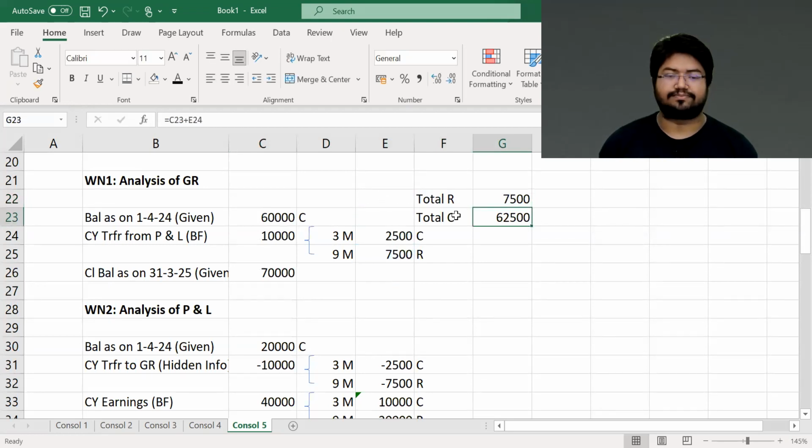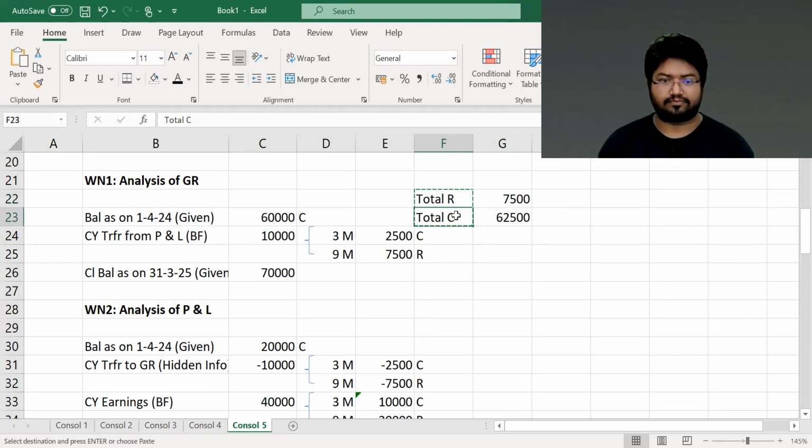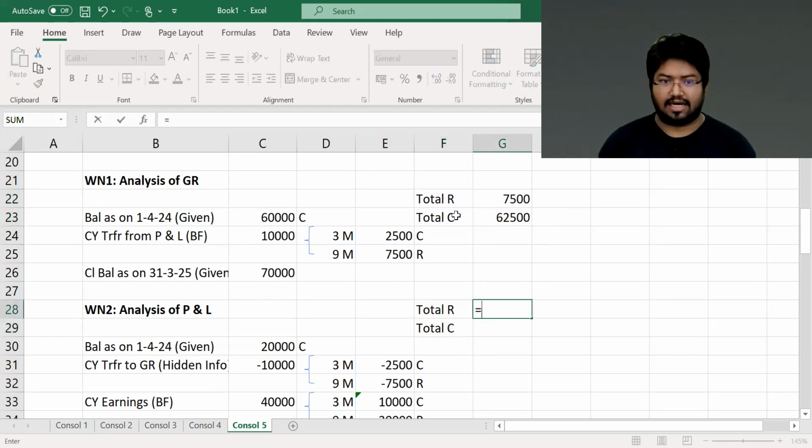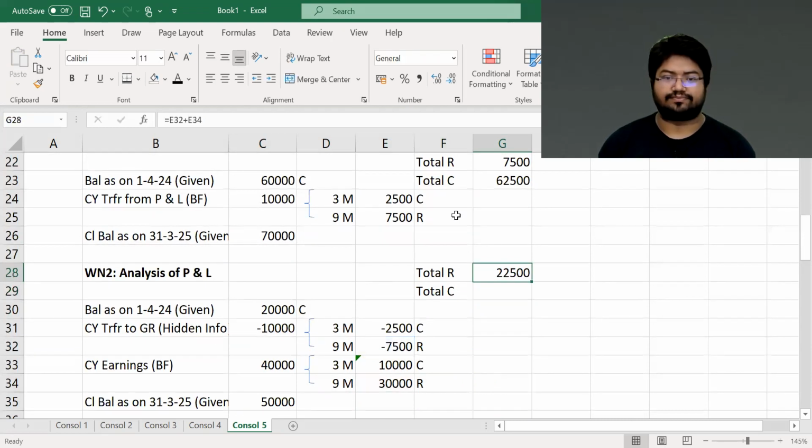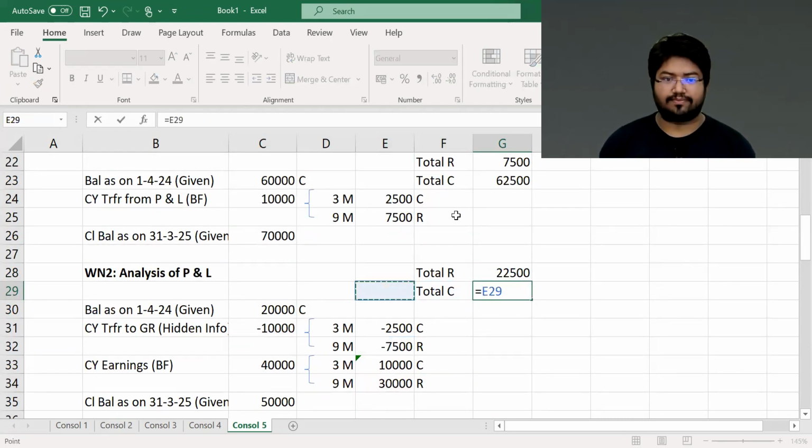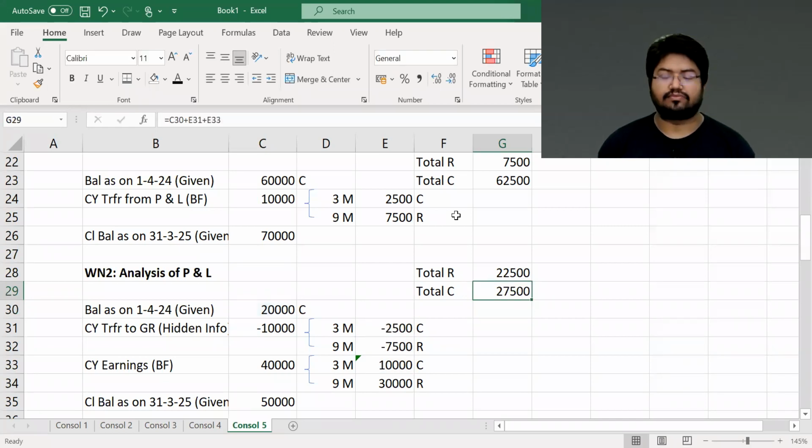Total of these two is basically 70,000. Same way for P&L also, please mention. Total R is minus 7,500 plus 30,000, 22,500. C is 20,000 minus 2,500 plus 10,000, 27,500. So these are the figures which you are supposed to take there.